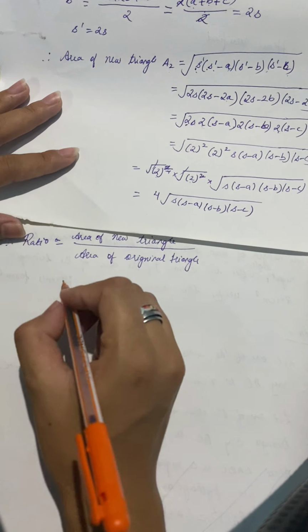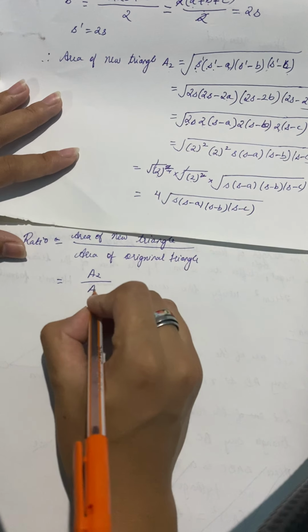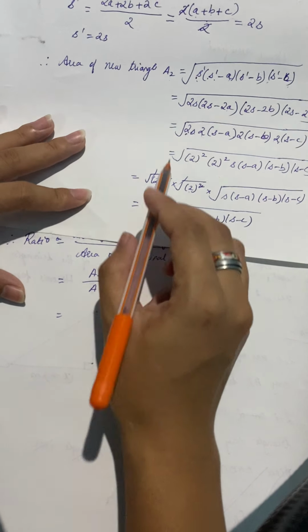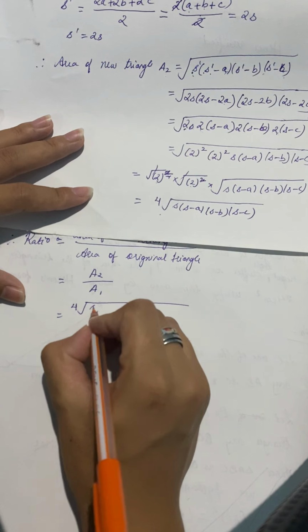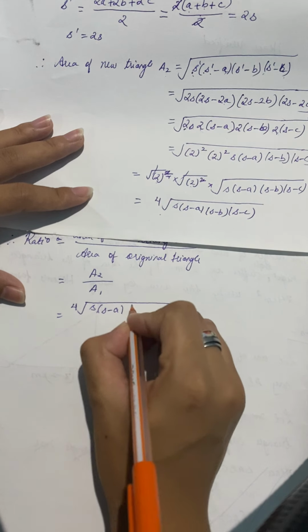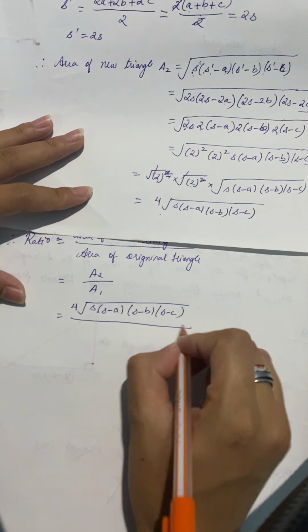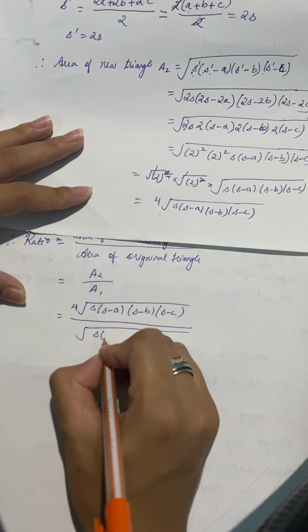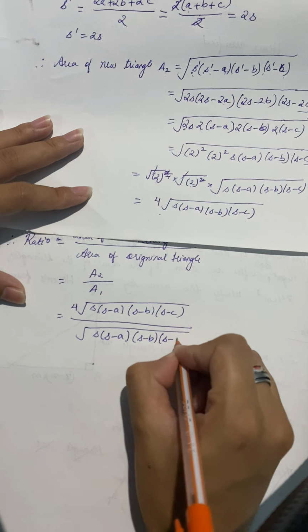That is A2, and the area of the original triangle is A1. What is the value of A2? A2 is 4 root s of s minus a, s minus b, and s minus c. And what is A1? It is nothing but root s of s minus a, s minus b, and s minus c.